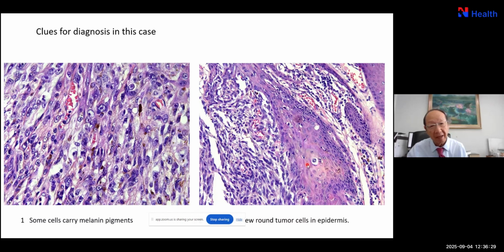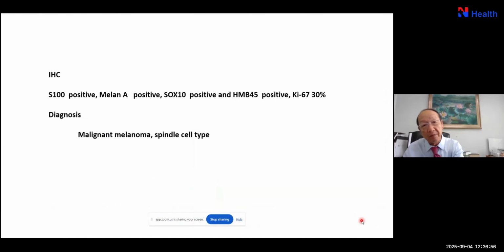melanocyte lesion. Melanocytes have so many morphology, from lymphocyte-like to giant cell to balloon cell to small, to so many things. It has to come in differentiation in almost every case. So with this, it makes our job easier. We suspect this is a melanoma, and we have to confirm.